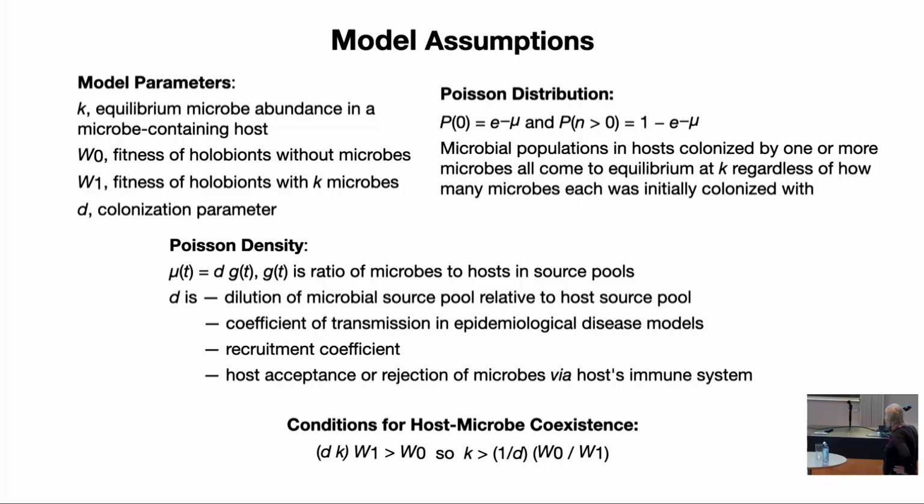If you make this more viscous, which would lower D, then if it got low enough, you'd flip the inequality sign here, and at that point the microbe could no longer coexist. So it would be an experimental test, and that would confirm the prediction of the model, if you found that out.